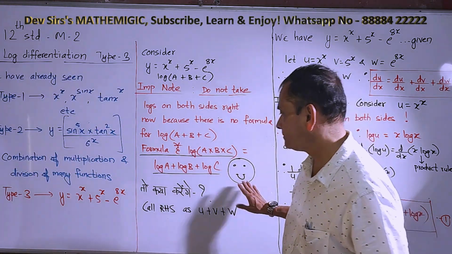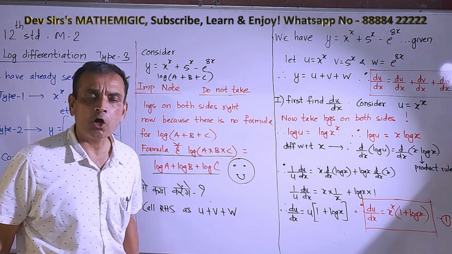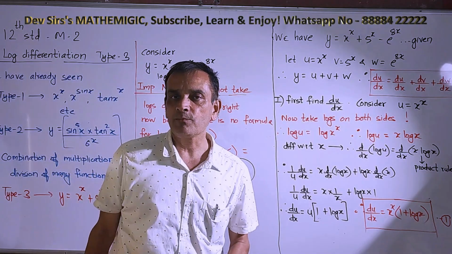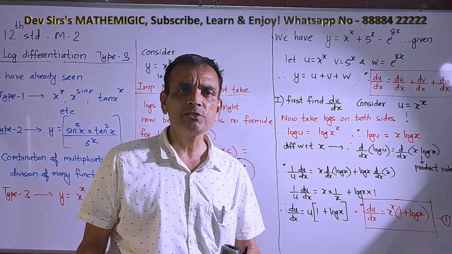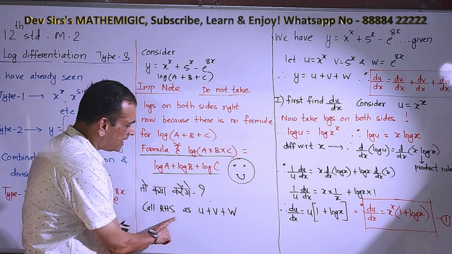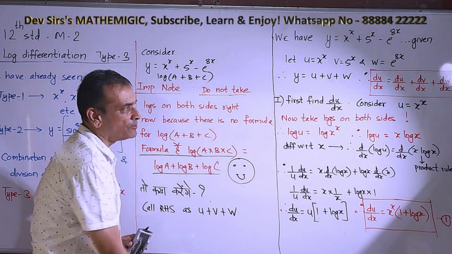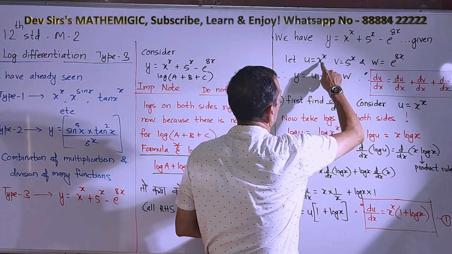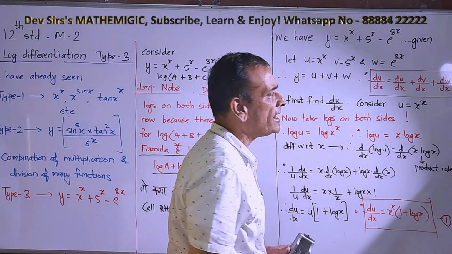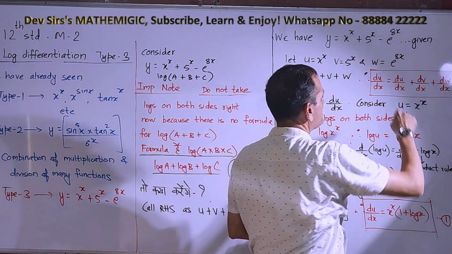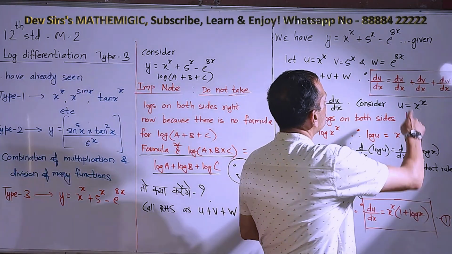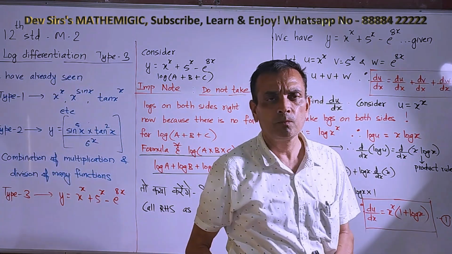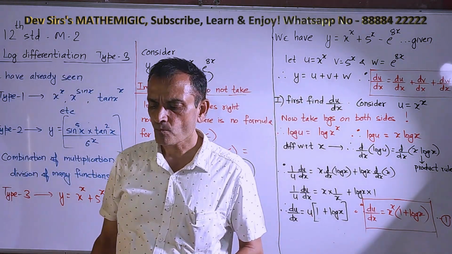तो क्या करोगे? If you can't take logs at the very first step, तो क्या करोगे? सिंपल चीज है. Call RHS as u plus v plus w. यानी क्या? First function u, let u equal to x raised to x, v equal to 5 raised to x, w equal to e raised to x. 3 variables.